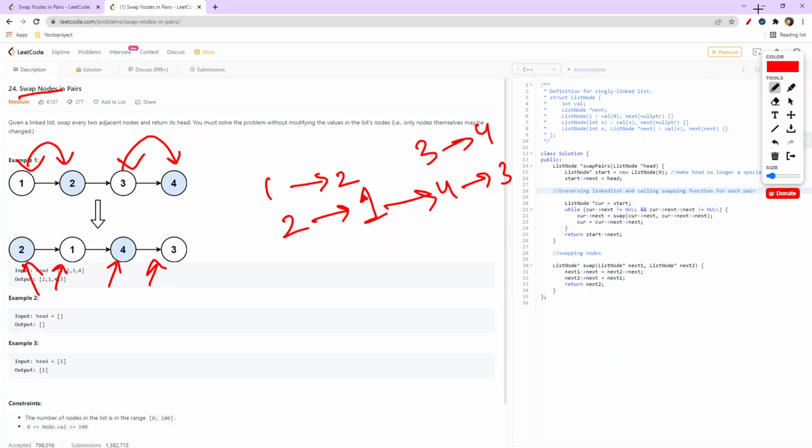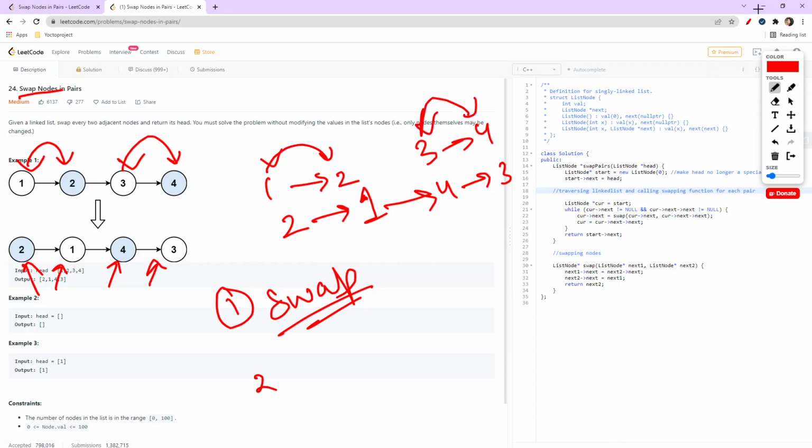Now in this question, the major thing is that we are required to devise a solution in which, first thing, we would be swapping, right? Basically we are swapping these only. And second thing would be that even when we are swapping these nodes, we are required to link all these nodes in a perfect manner.